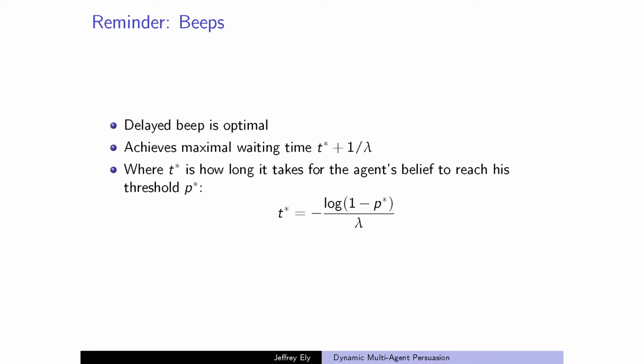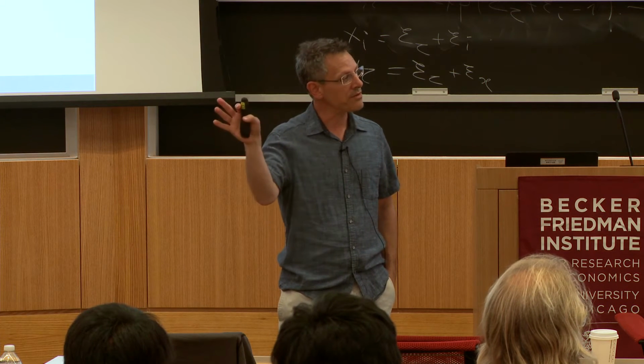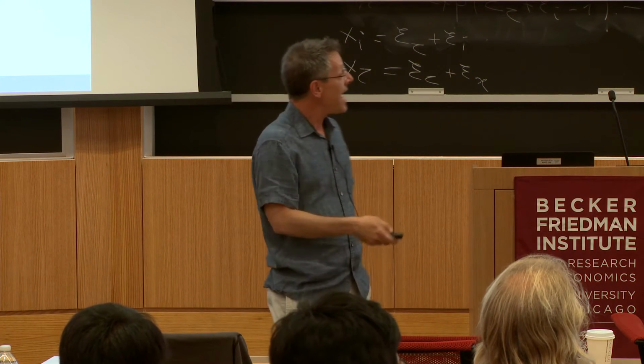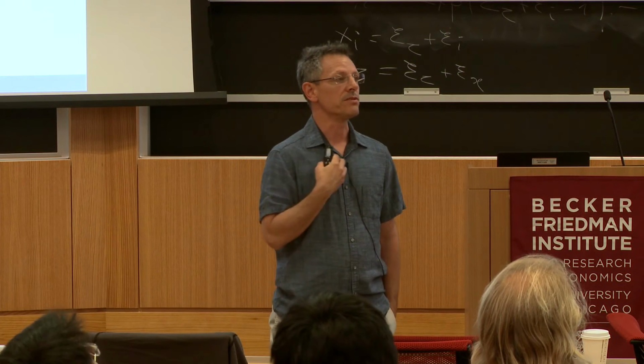There's a length of time T star that it takes for his beliefs to reach that threshold. Assuming the principal is giving him no information at all, T star is defined as the amount of time it takes for the agent's belief to drift up to that threshold. And T star is the optimal length of the delay that the principal builds into his mechanism.